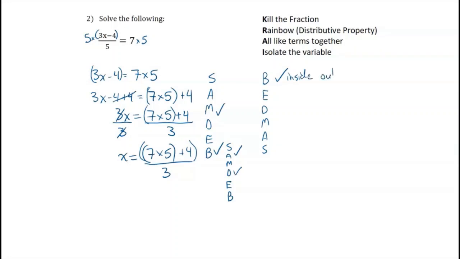Then we're doing the outside set of brackets. And now that I've done both of those sets of brackets, now I'm dividing by 3. And so the order of operations applies here. BEDMAS applies properly. And so that's how that one would work, and that's why it works using the reverse order of operations. Let's look at the last example.